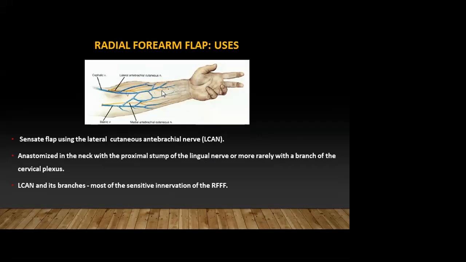If we take this nerve along with the flap, it can be anastomosed with the proximal stump of the lingual nerve, or more rarely with a branch of the cervical plexus, so that by anastomosing this lateral cutaneous antebrachial nerve to either the lingual nerve or this cervical plexus branch, we can make this radial forearm flap a sensate flap too.